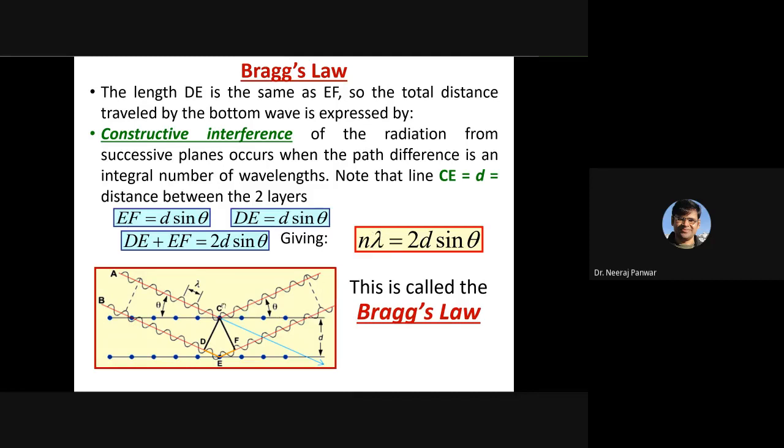So whether the path difference is 1 lambda, 2 lambda, 3 lambda, 4 lambda, all these reflected waves will necessarily interfere constructively, and they will produce an intense spot on the detector. So that is 2D sine theta is equal to n lambda. It is known as the Bragg's reflection condition, or Bragg's diffraction condition, or Bragg's law.